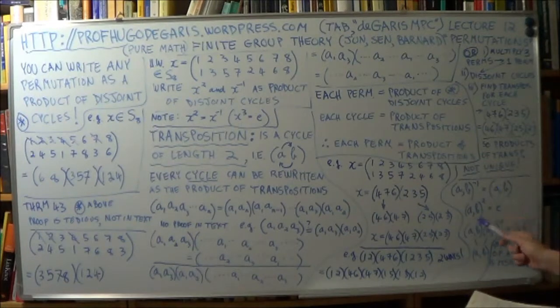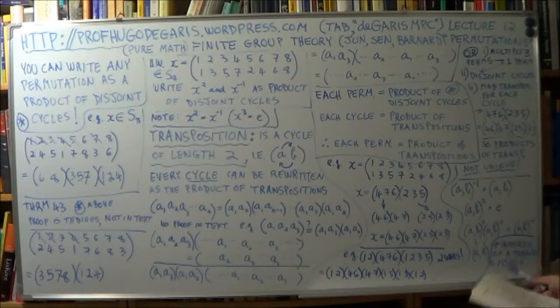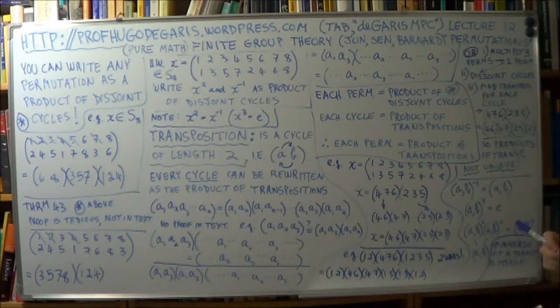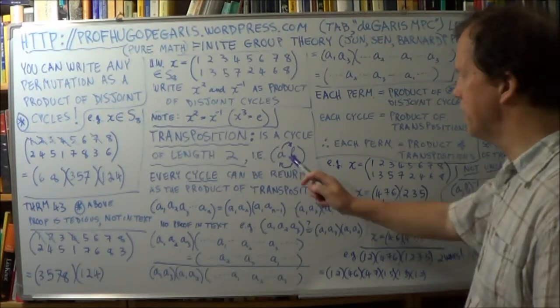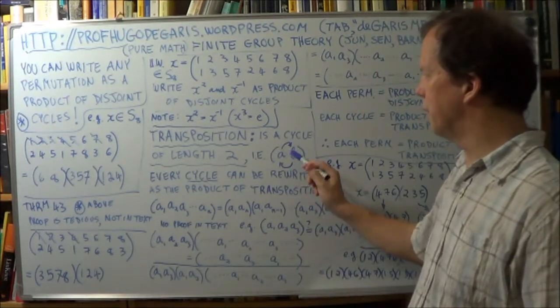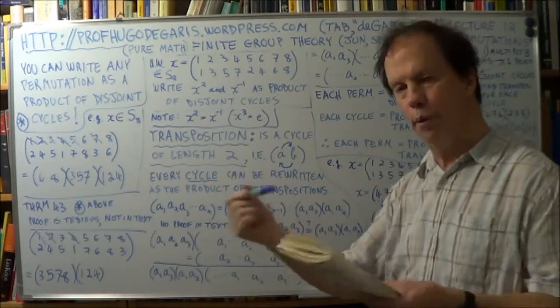Now, I've got a little bit of board space left, so I'm giving a little bit more theory. A transposition is a permutation.